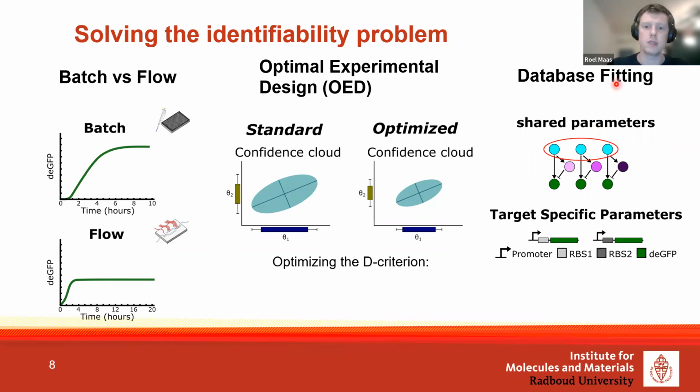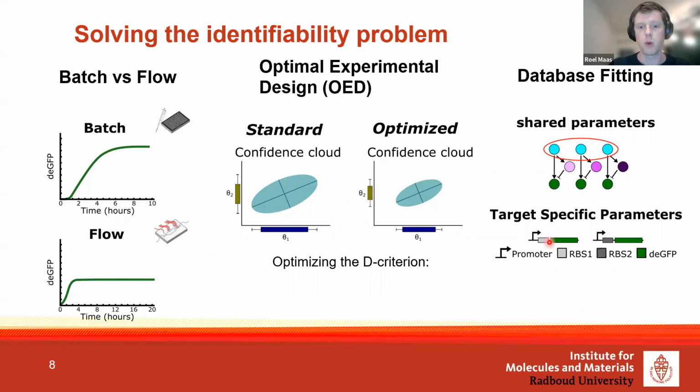So when you have different systems and you put them all together with different experiments into one database, and you fit the whole database instead of one system or one experiment, there will be shared parameters between all those different systems, which will break the bias of those parameters compared to when you would fit them all individually. And on top of that, you can target specific parameters to estimate them better.